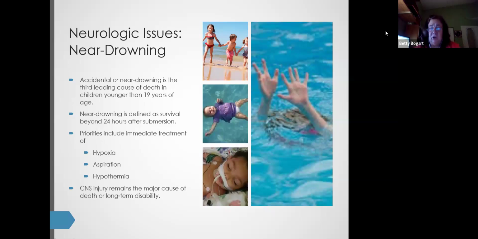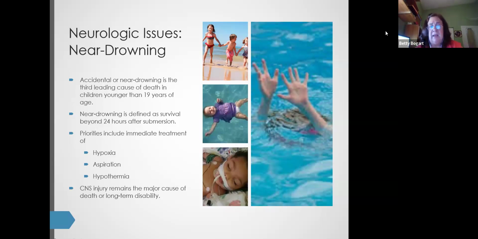So many times, and I worked in the ER at a trauma center here, we get a child who was drowning. Somebody jumped in, got them out, did CPR. They woke up by the time the ambulance came, and the parents were like, no, he's okay. No, he's not. Because that drowning caused a hypoxic moment with aspiration of water, and it's caused hypothermia because, of course, the water is always cooler than body temperature.